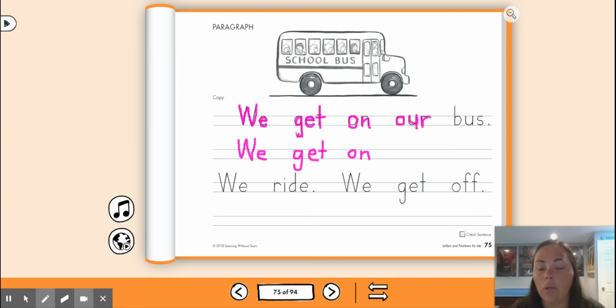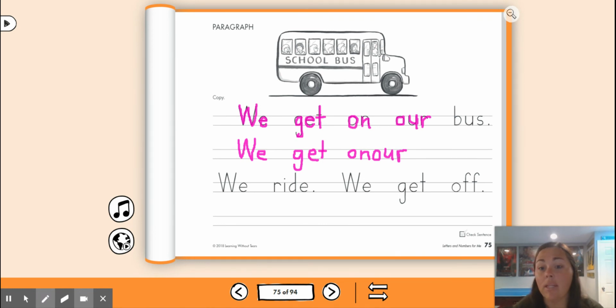Now I want to show you what happens if I don't put spaces between my words. So if I write our right here next to on, O, U, R. Okay, now if you were reading this sentence and maybe you didn't know what these words were and you needed to sound them out, you would read, we get, ooh, I don't know that word, and you would sound it out and you would say, on our, and it doesn't really make a word.